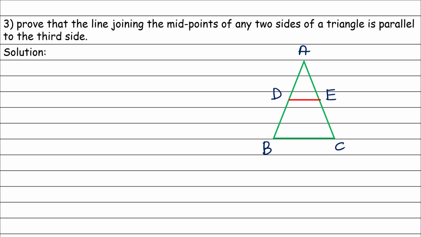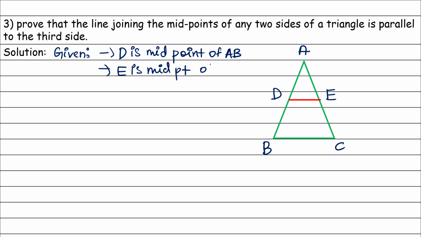According to the question, it is given that D is the midpoint of AB and E is the midpoint of AC.